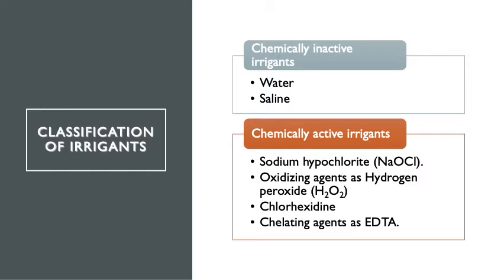Chelating agents such as a material called EDTA, it helps in removing the inorganic layer, so it basically acts as a chelating agent, decalcifying the dentine, to remove any blockage, to remove any dentinal debris inside the canal.